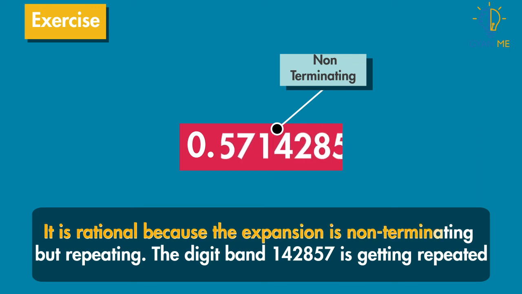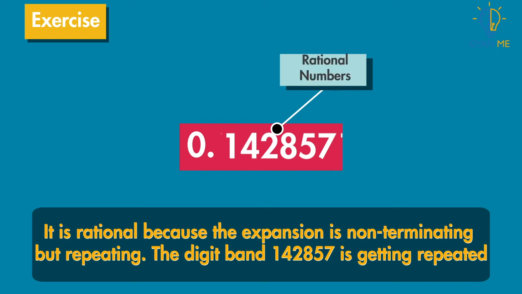But the group of digits are repeating after a certain digit band. That is, 142857 is getting repeated. Therefore, the number will be rational number because its decimal expansion is non-terminating but repeating.